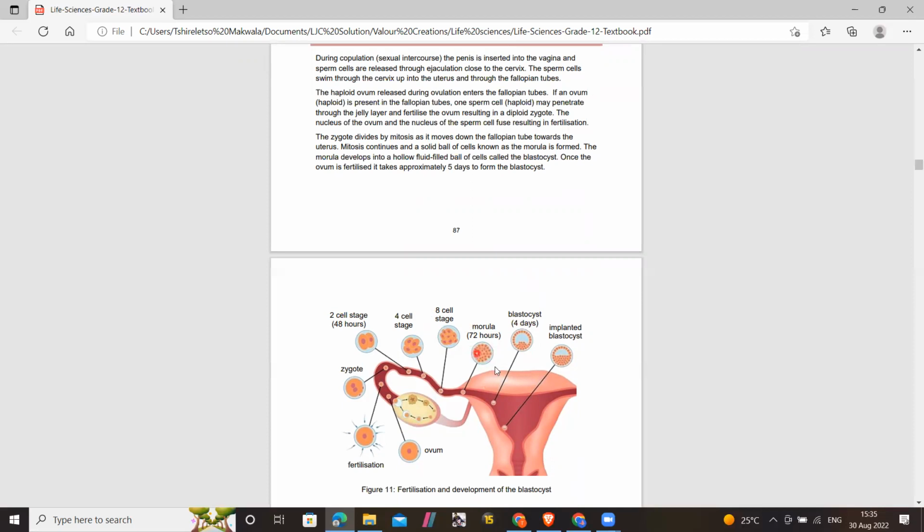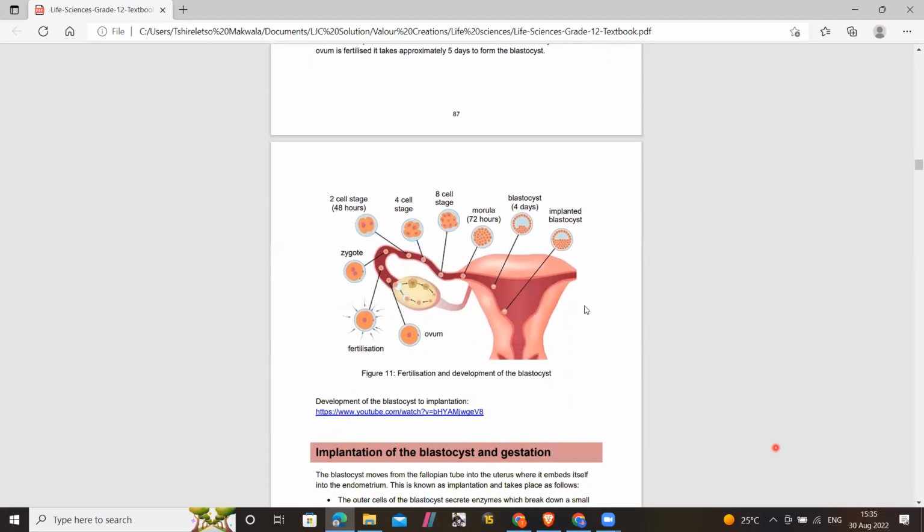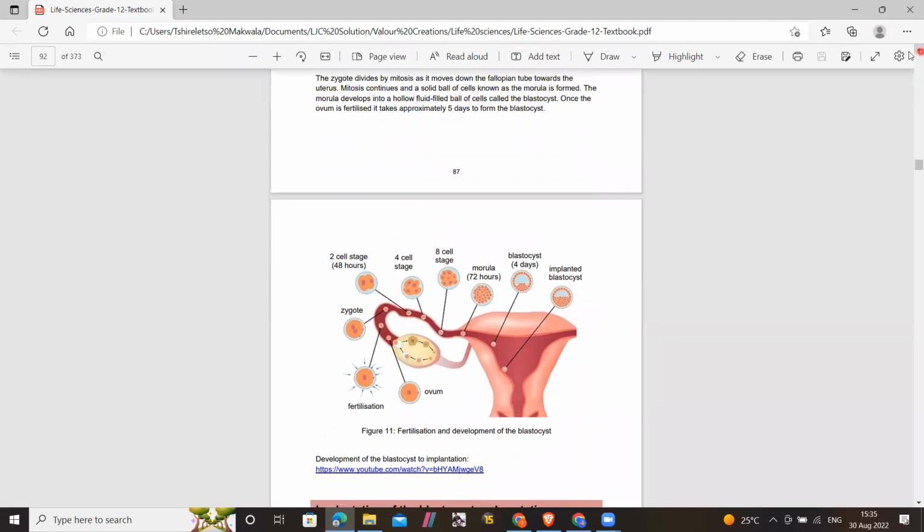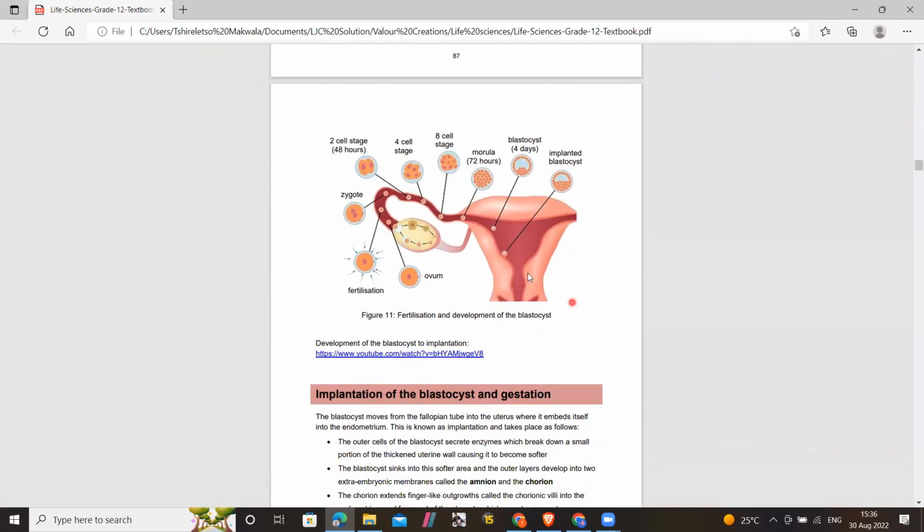The morula is just a cluster of cells, and the blastocyte has a hollow shape. Then at day 4 or 5, you're going to have implantation of the blastocyte. The blastocyte is embedded into the uterus wall, and this is basically where they detect that you are pregnant.